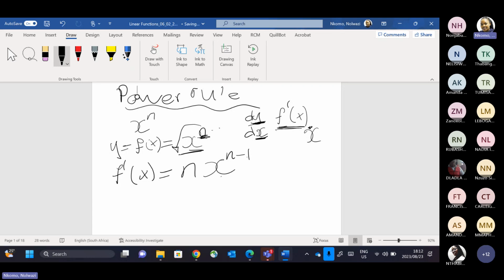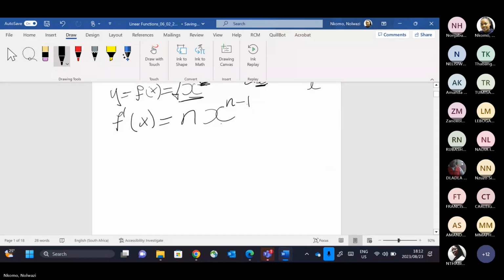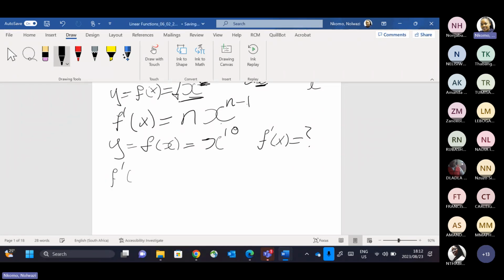For example, let's say we have y equals f of x equals x to the power 10, and we are asked to find y prime of x.